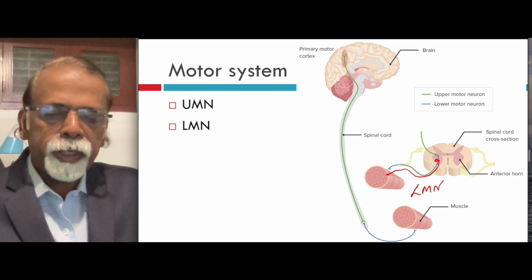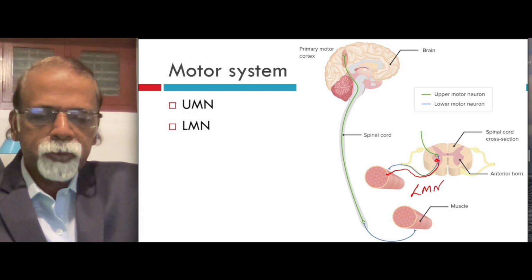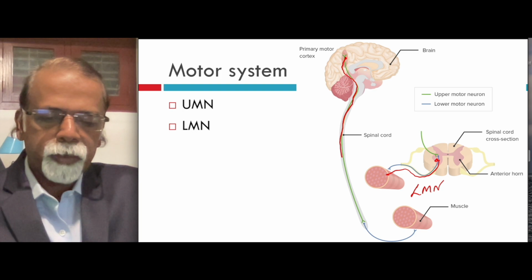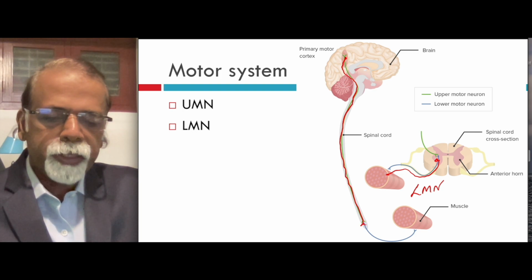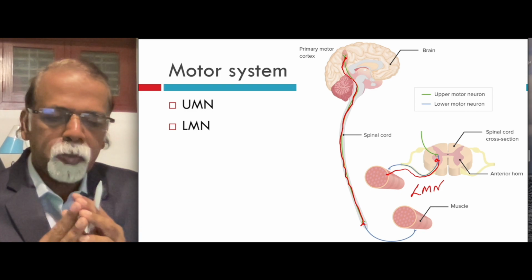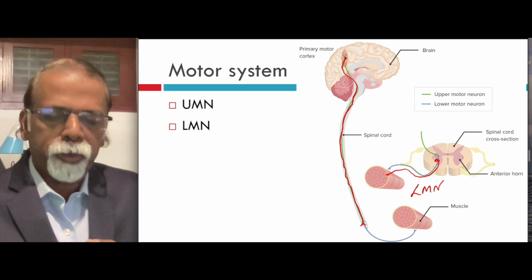This lower motor neuron is under influence from the cortex. You can see here is a pathway that is coming down from the cortex to the spinal cord and influencing this lower motor neuron. So they are the corticospinal tract, an example of an upper motor neuron.